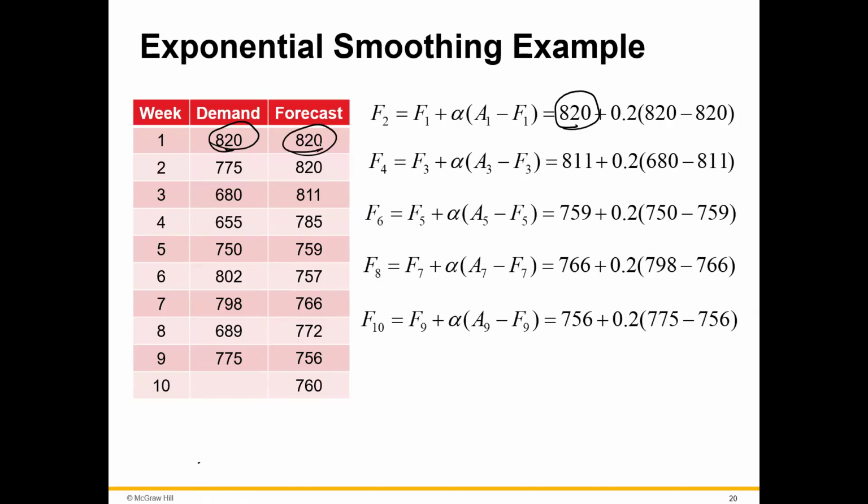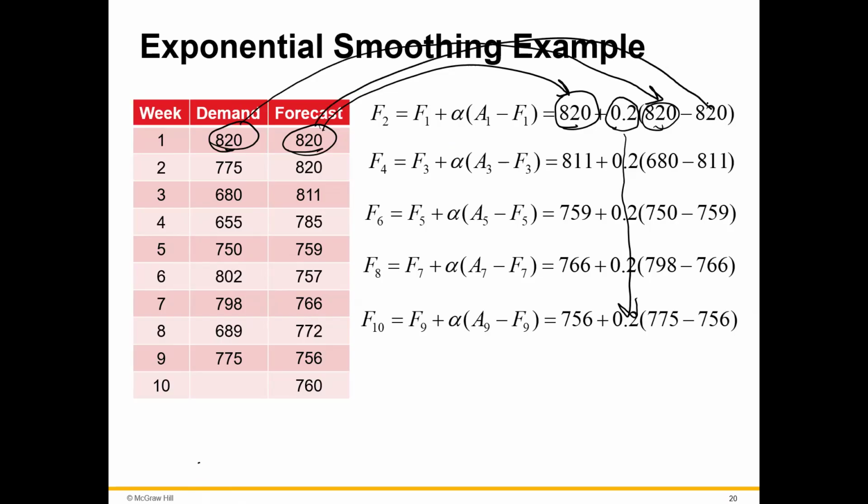It was my forecast from the previous time period, goes here. Plus my alpha, which we've been given as 0.2, and you can see that it stays the same all the way down. And it's going to be equal to my actual from my previous time period minus my forecast from my previous time period. Okay, and as you would expect, that's all going to come out to be 820.